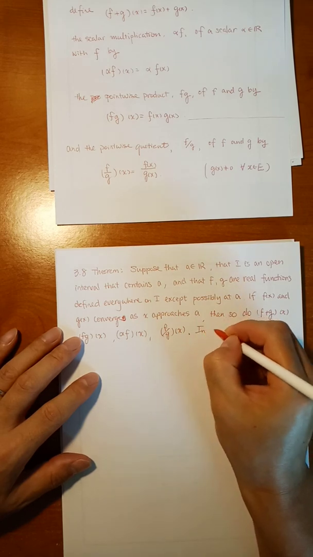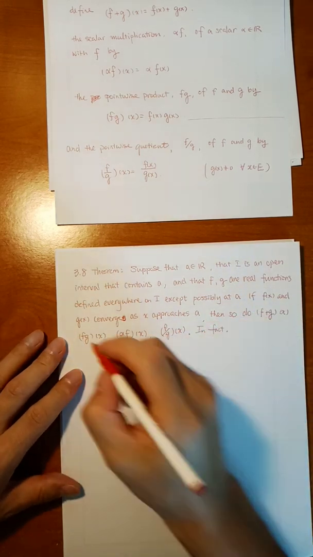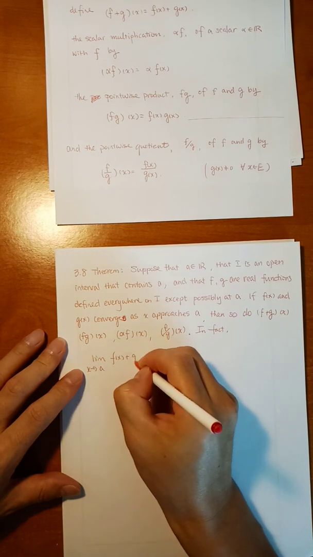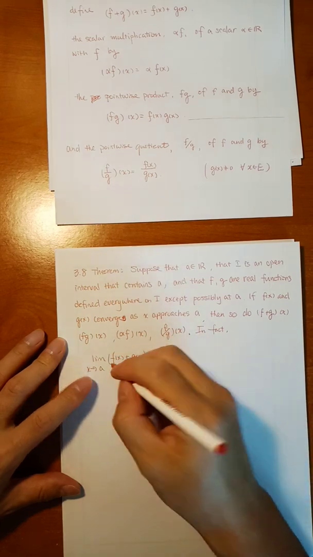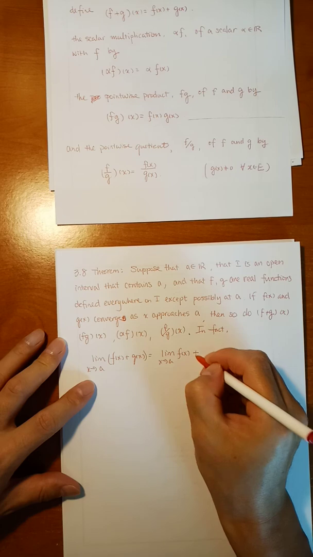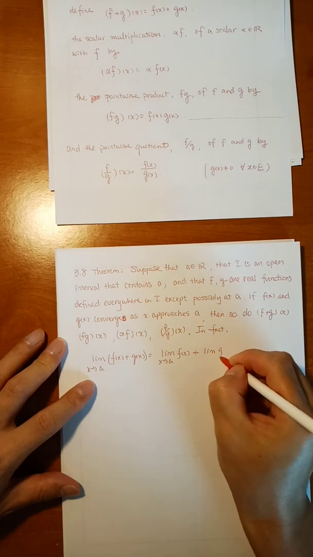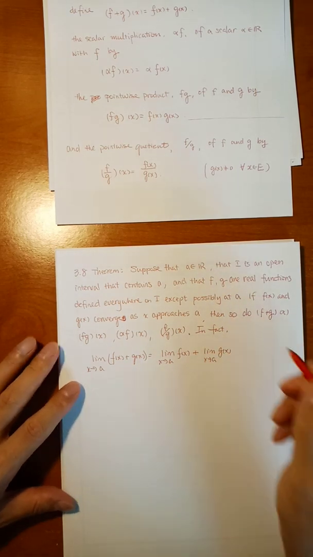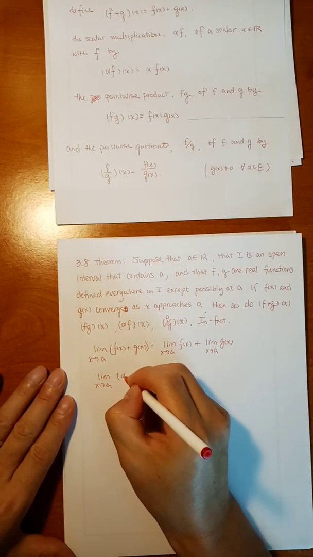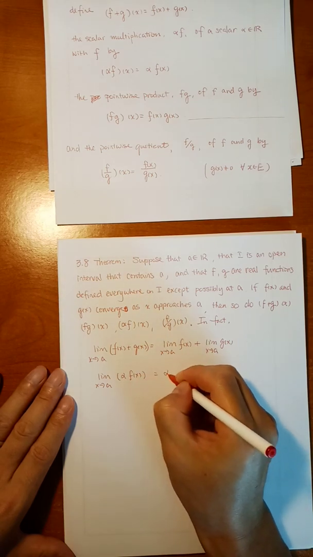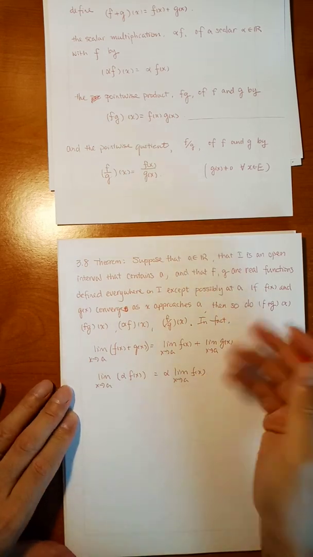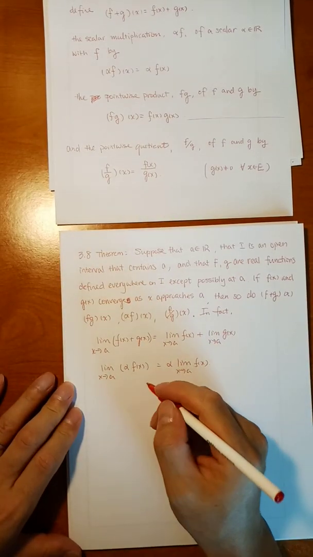In fact, the limit as x approaches A of f(x) plus g(x), the limit of the sum, is the sum of the limits: the limit of f(x) as x approaches A, plus the limit of g(x) as x approaches A. For scalar multiplication, the limit of alpha f(x) is alpha times the limit of f(x). You can factor out the scalar coefficient.